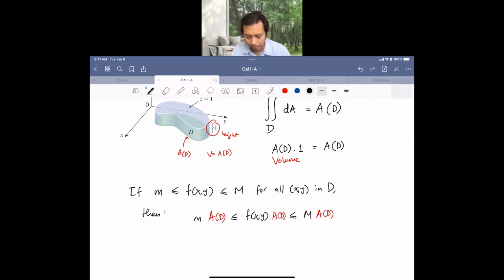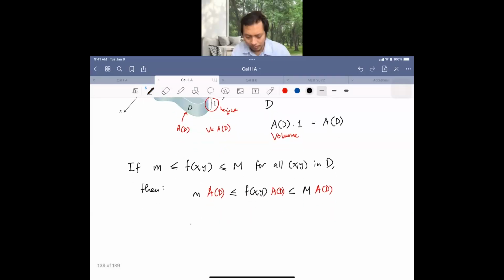This is precisely, we can write, m times the area of D. This is the height, and this is the area.